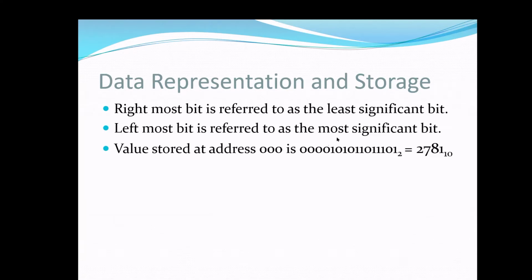Let me rephrase that because it's not actually what it's saying. It's a 16-bit number stored at this address. Okay, so it's 0, 0, 0, and this was your number that was stored there, a 16-bit data value. Okay, you could actually translate that to 2781, base 10. And that's one of the things we're going to talk about: how do you go from something like this to something like this. All right, so that's important.